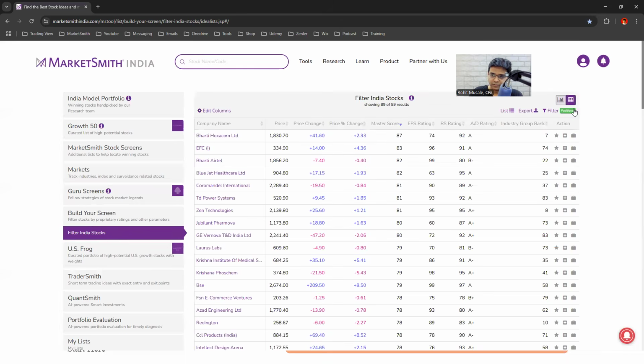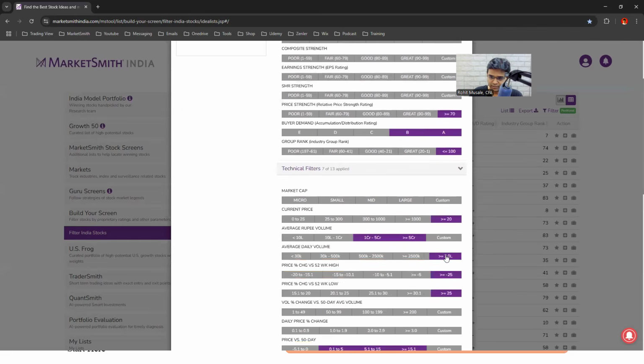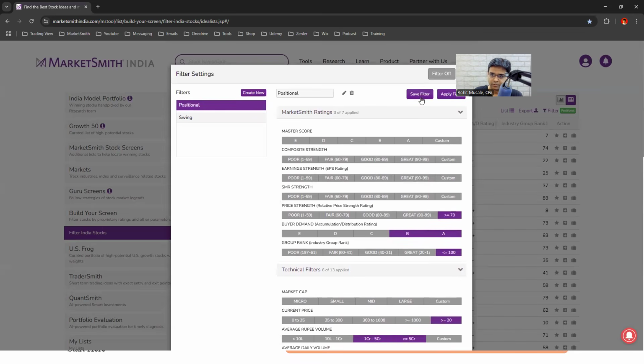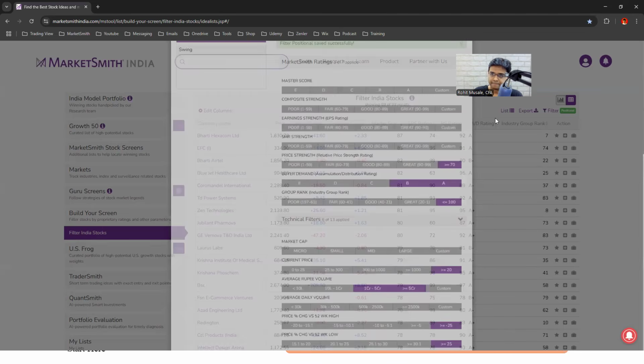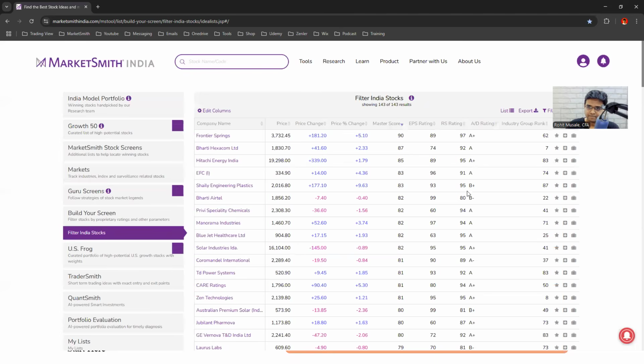We are getting 89 stocks, right? So let's remove this criteria. See, now we are getting 143. So how many additional stocks are we getting? I have this calculator here. So 143 minus 89. So 54 more stocks we were ignoring in the previous filter.